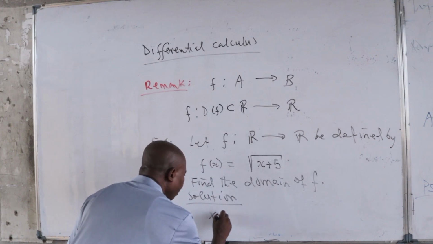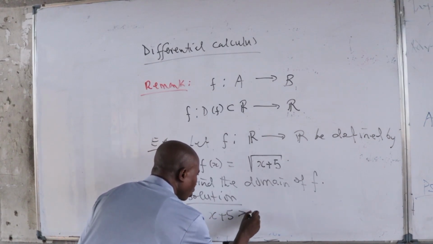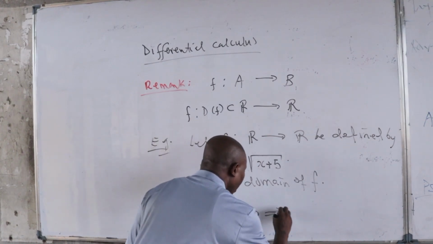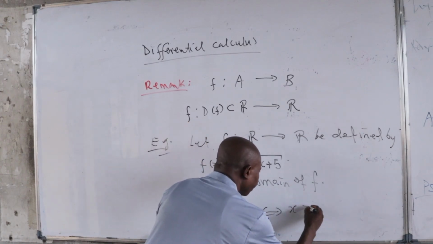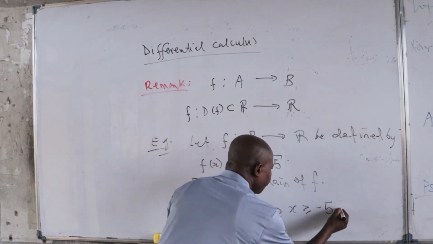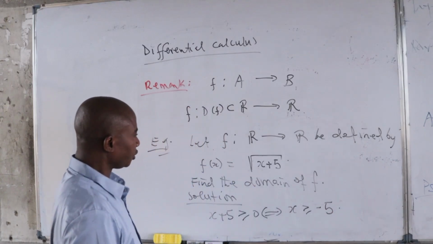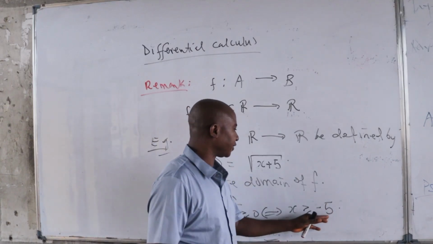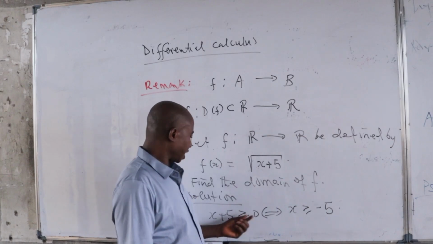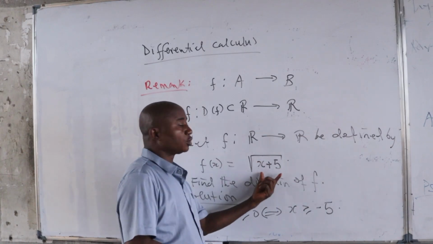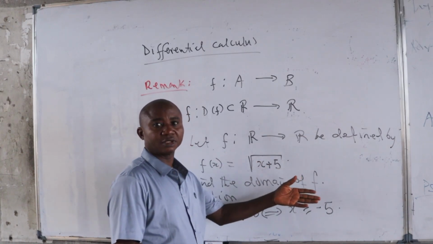So, x plus 5 is bigger than or equal to 0 if and only if, when we simply solve this simple inequality, x is bigger than or equal to minus 5. If x is bigger than or equal to minus 5, then x plus 5 is bigger than or equal to 0, and therefore the square root of x plus 5 will make sense.